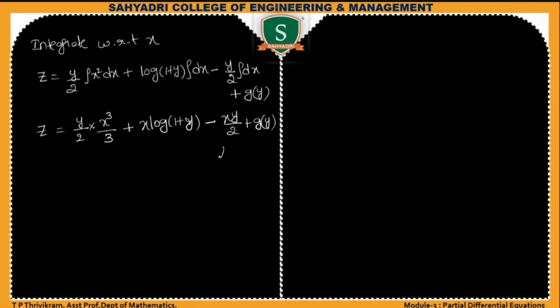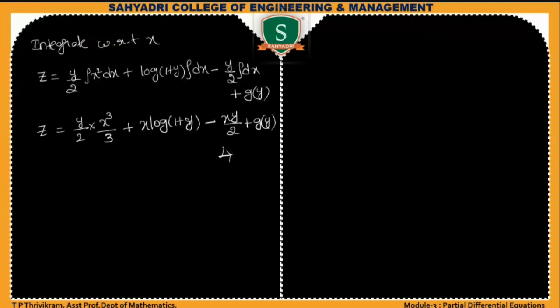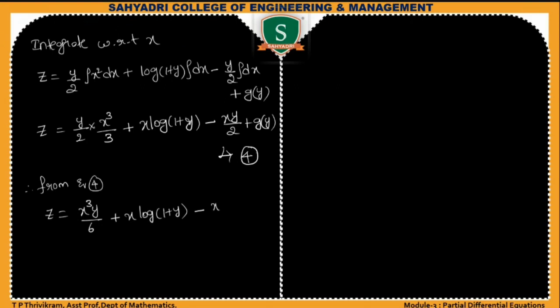You can take this as equation 4. So from equation 4, z is equal to x cube y by 6 plus x log of 1 plus y minus xy by 2 plus g of y.